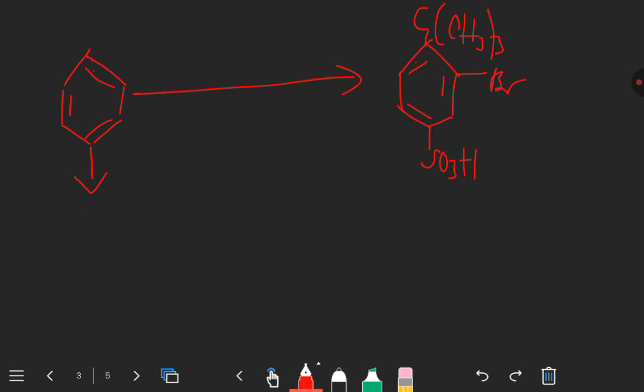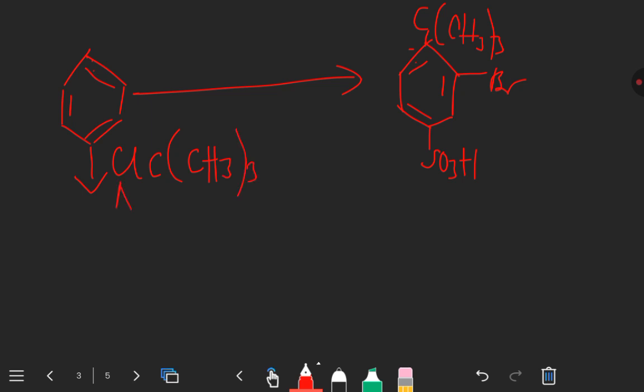So we can use any halogen bonded to an alkyl. The halogen will be just there to stabilize the alkyl group, and we know that halogens are better leaving groups. So any halogen we are going to use, for example bromine or maybe chloride, is going to leave easily. So we can use chloride attached to this same group, which is C(CH3)3.